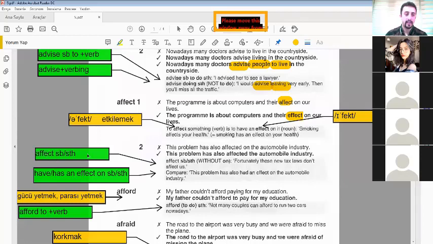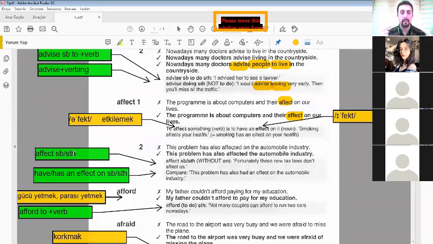As you see here in this green box, affect somebody or something. It's a verb. For example, affect my father, affect me, affect my city, affect my life. And here, effect, noun, we say have or has an effect on somebody or something.